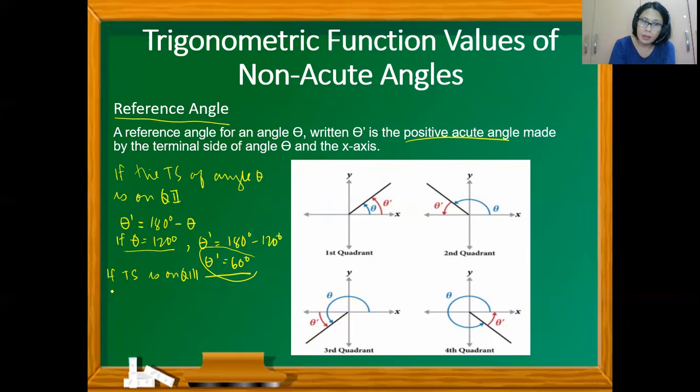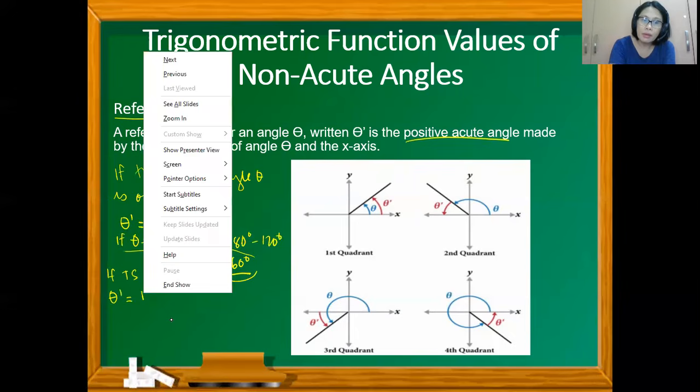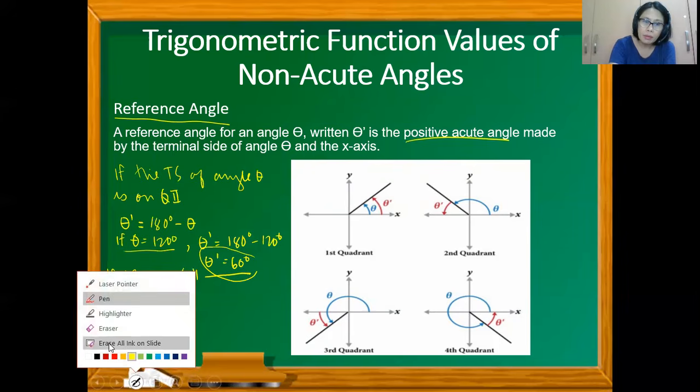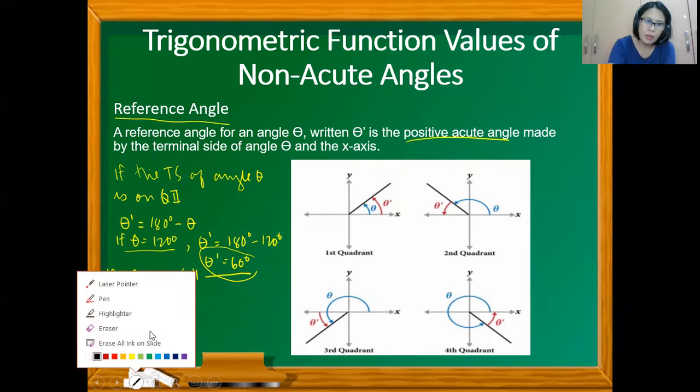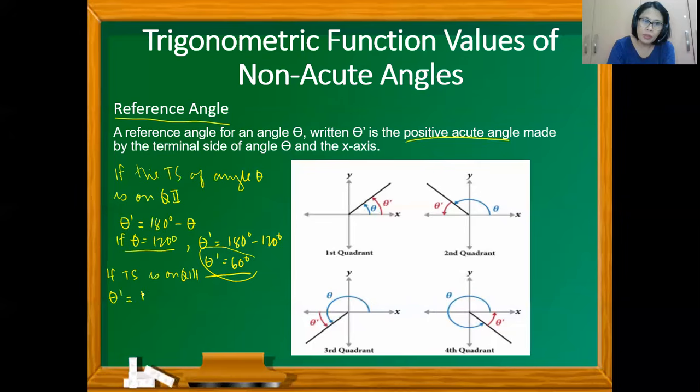So the reference angle must be equal to theta minus 180. Again, if the terminal side lies on the third quadrant, the reference angle is equal to theta minus 180 degrees.